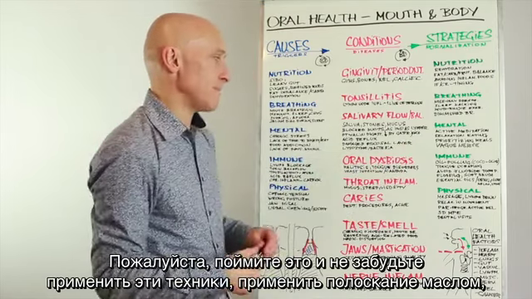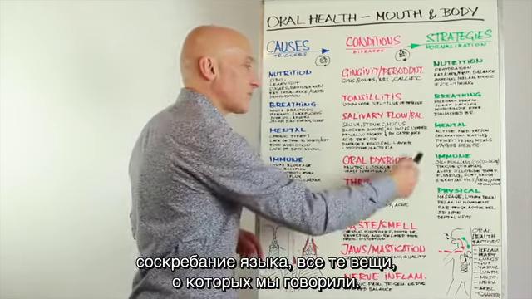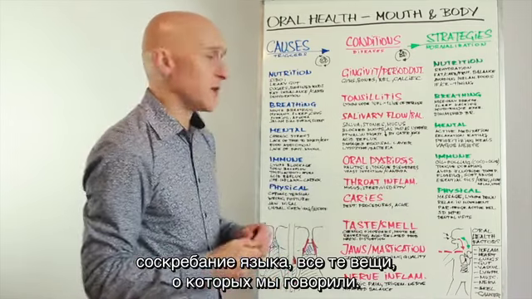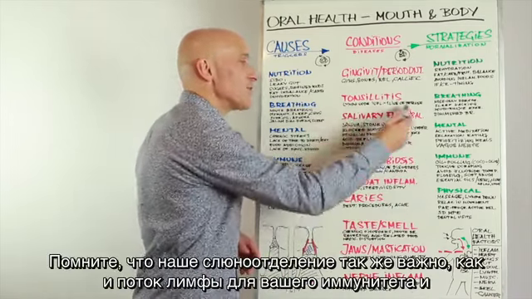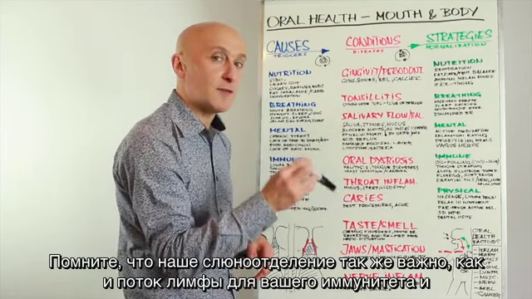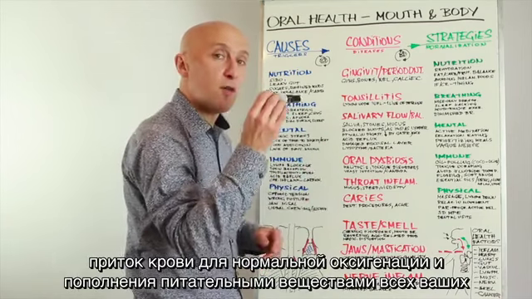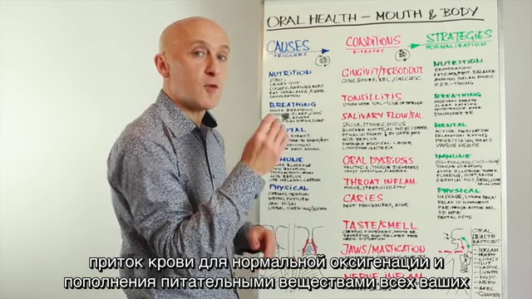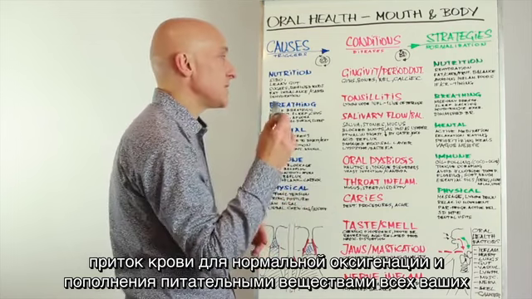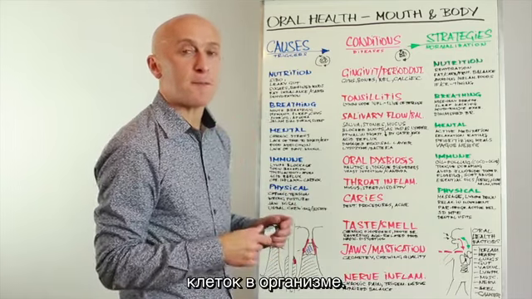Implement oil pulling. See the difference. Tongue scraping. All of those things that we've been talking about. Remember, salivary flow is just as crucial as the flow of lymph for your immunity, and the flow of blood for the normal oxygenation and supplementation with nutrients to all of the cells in your body.